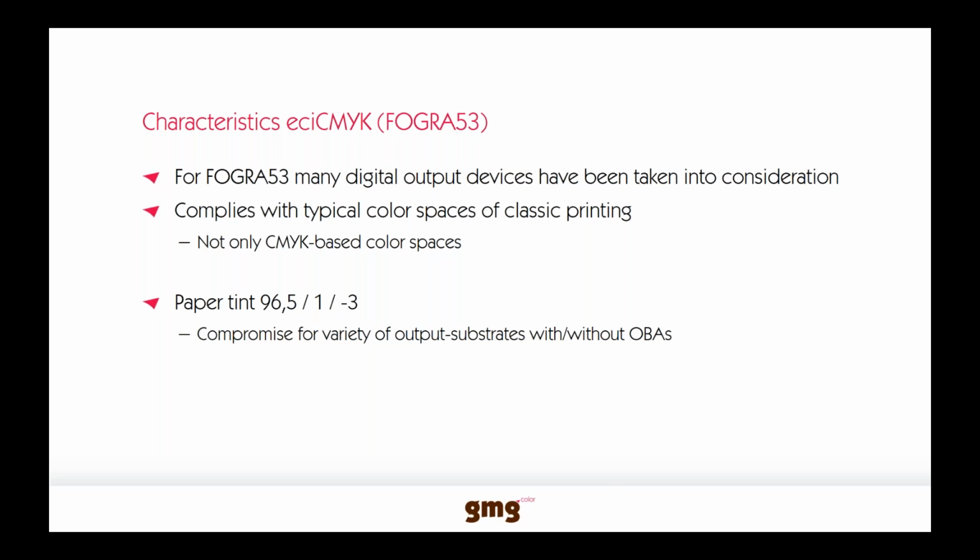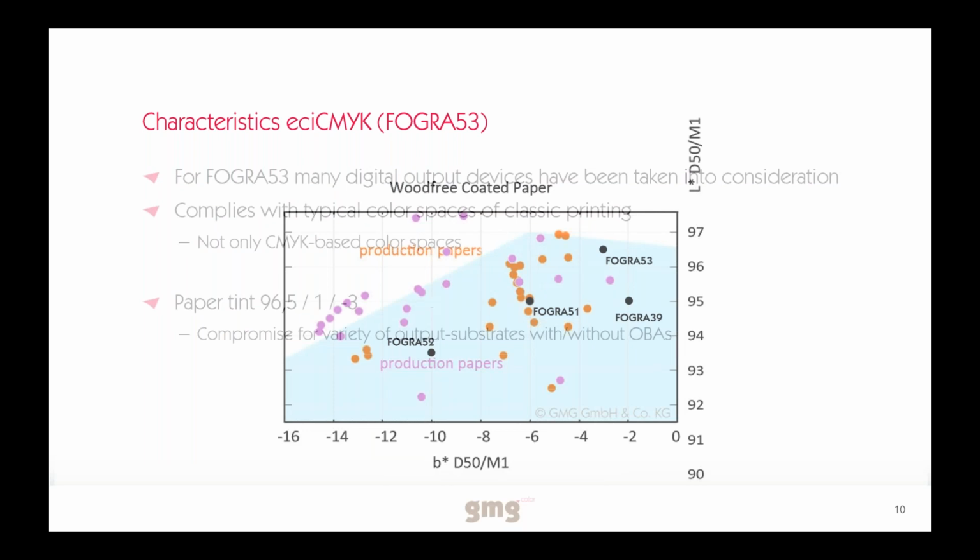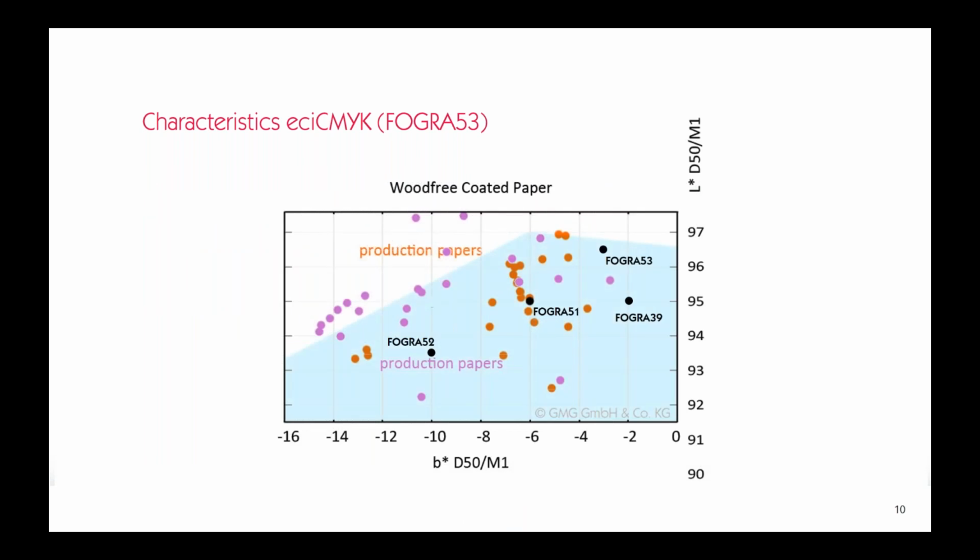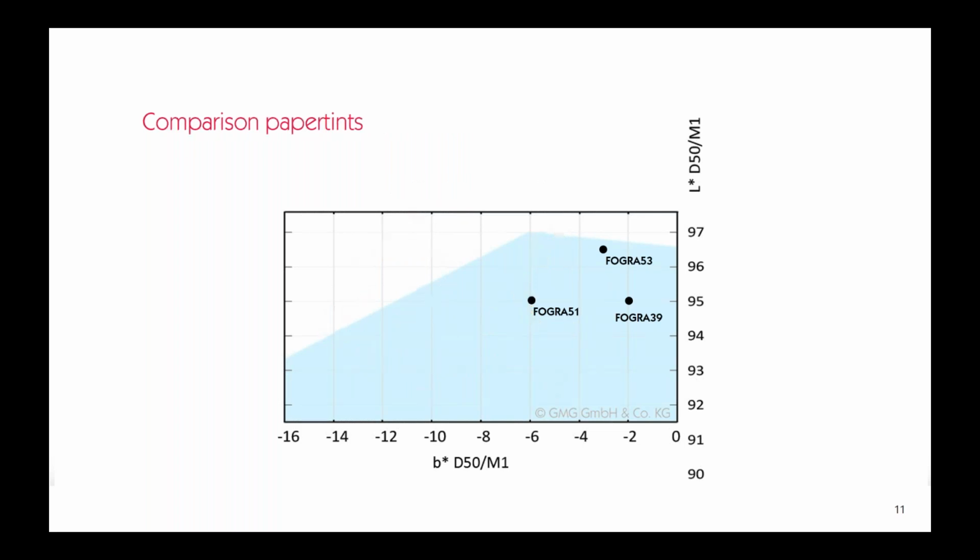So, let's see. Let's have a closer look at the paper tints. Here we have a lot of points. I just used this diagram because maybe a lot of you know this already from the introduction of FOGRA51. So let's get rid of all the points. This is just to get a visual comparison of the difference in the paper tints.